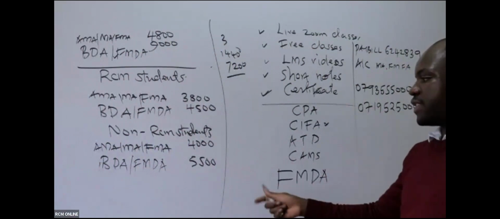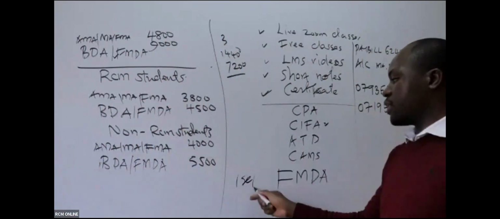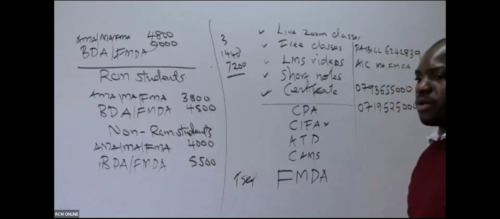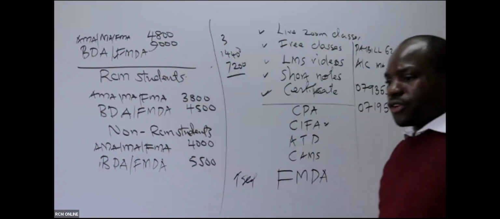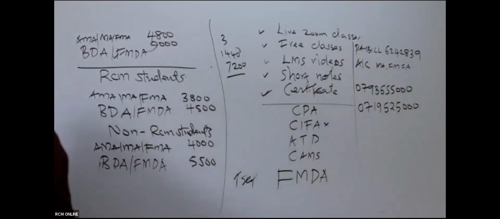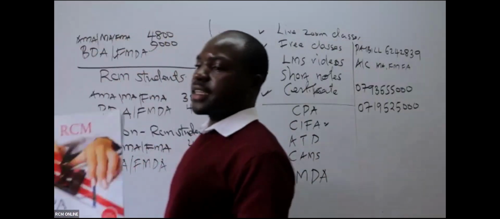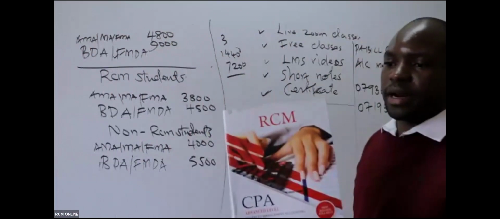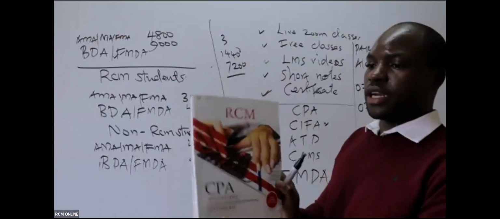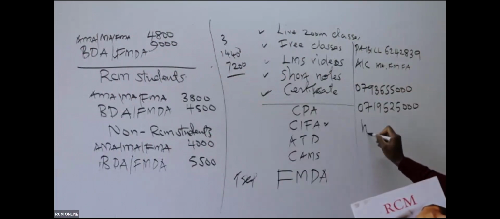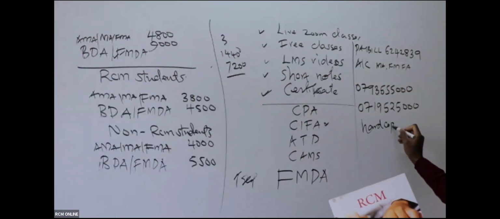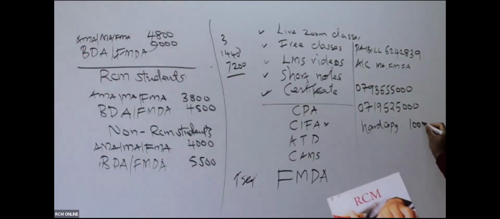So at the beginning of this semester, on 1st of September, we had that offer, right? But of course, you can still get our revision kits at a discounted price. What you need to do is, for you to get this revision kit, the hard copy is 1,000 Kenya shillings.